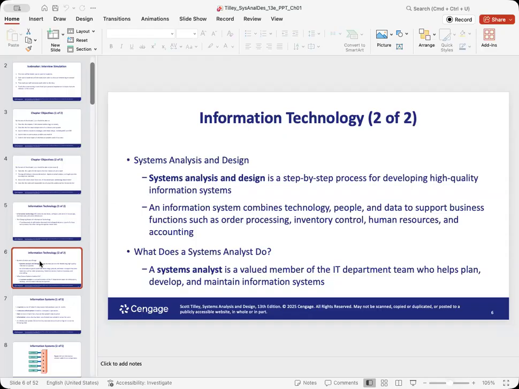Because the information system you have built, you don't just build it and that is it. There must be a process to maintain that information system. That is where updates come in, and checking to identify if there are attacks or whatever on the software or on the system. So it is the duty of the systems analyst to help you plan, develop, and maintain those information systems. Please, any question here? Then we proceed.